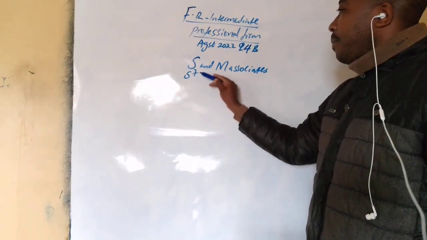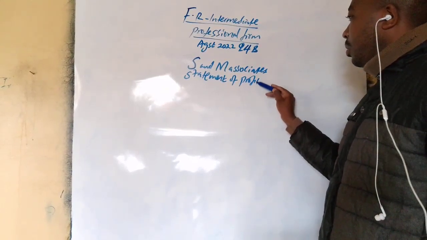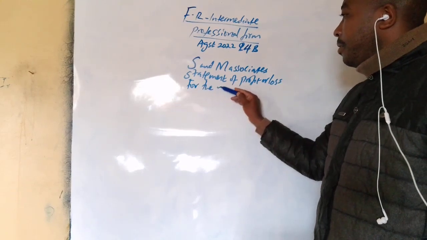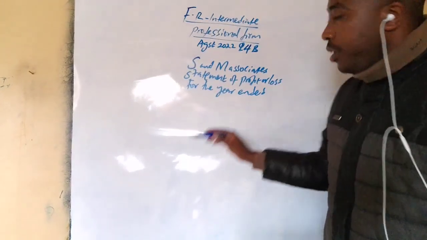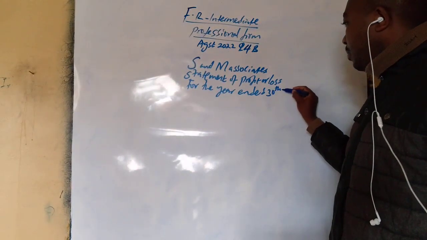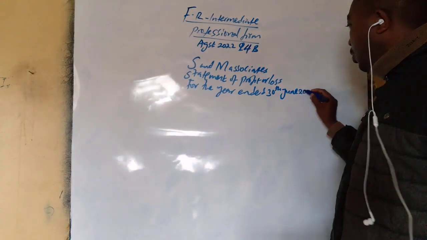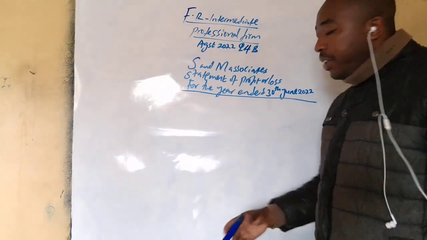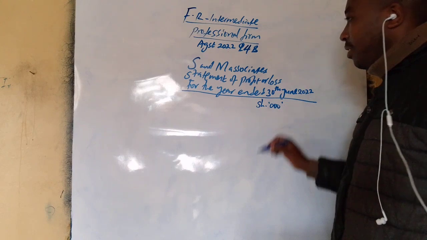We are preparing the statement of profit or loss for the year ended 30th June 2022. So we underline it that way. We can use one column here. So come here and say shillings in terms of thousand.